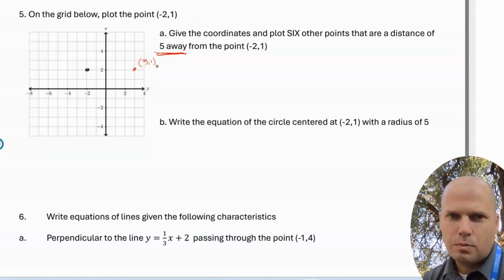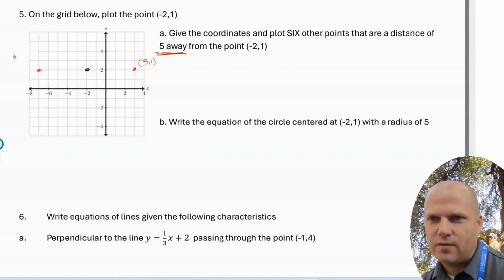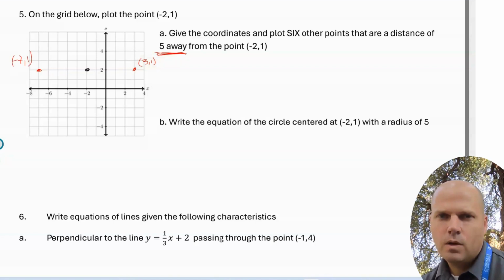Here's this point 3, 1. That's -2 plus 5 to the right. Left, -2 minus 5, it's going to take me to -7, 1.